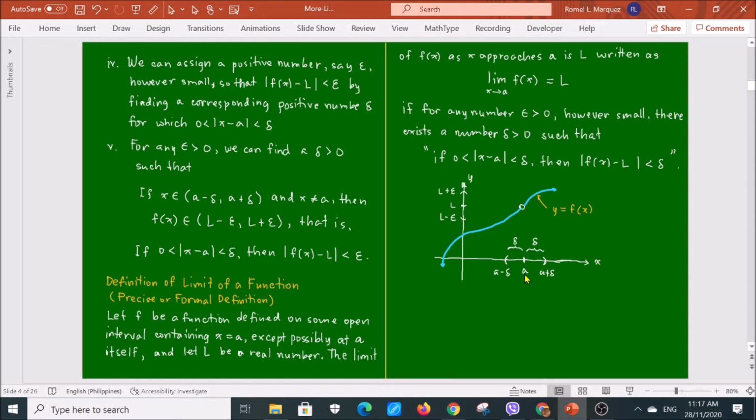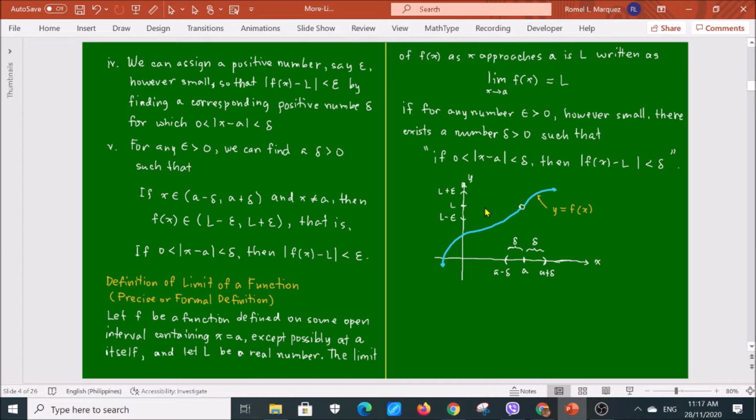By making your delta small, if you try to make your delta small, then it means your x is getting to be very, very close to a. So your L is attained, no? Meaning the function will be very, very close to L, and that's the limit.